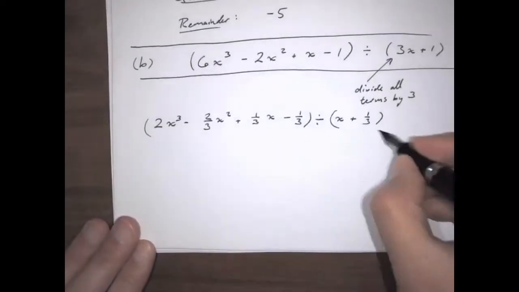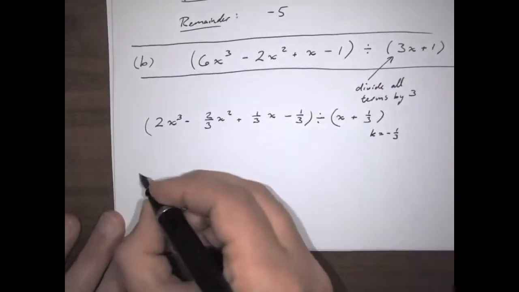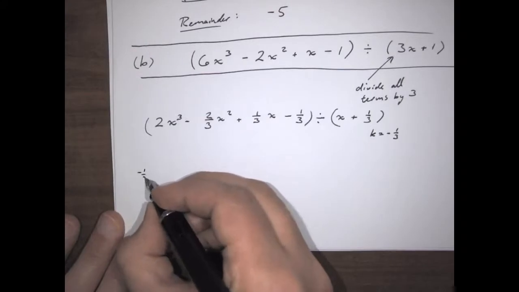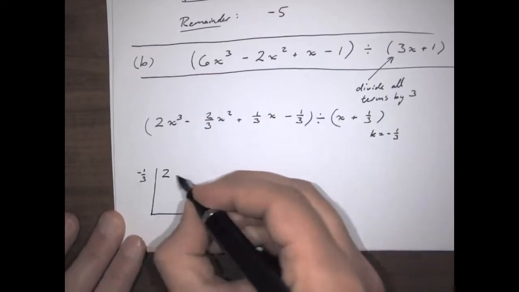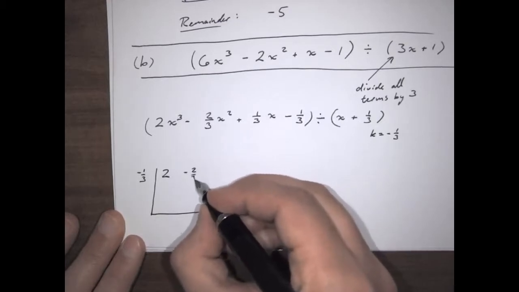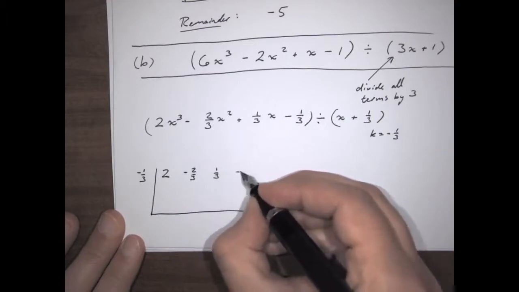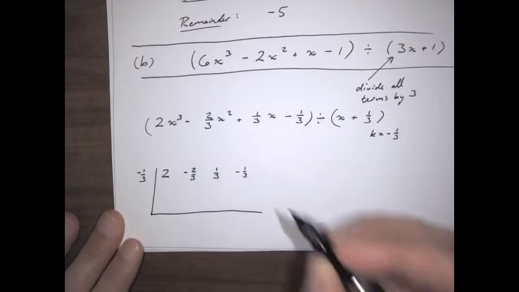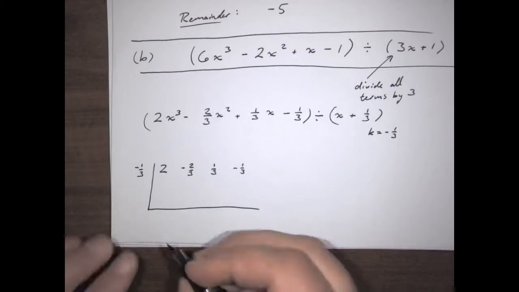So that means that k here is going to be negative 1/3. And so we're going to have negative 1/3, and then there's going to be the 2, the negative 2/3, the positive 1/3, and the negative 1/3 for the coefficients of the dividend.